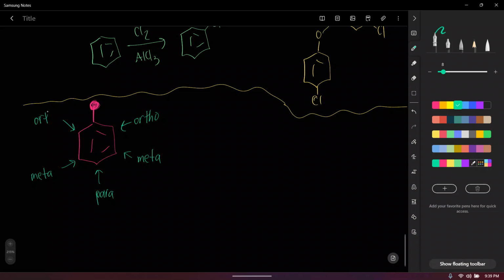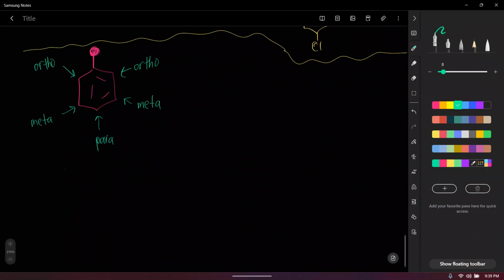And it turns out that depending on what you have on the ring, what you have on the ring is going to control where the thing that you're adding goes onto the ring, okay? So what you're adding has no effect on where it goes on the ring. It's entirely dictated by what is already on the ring, okay?